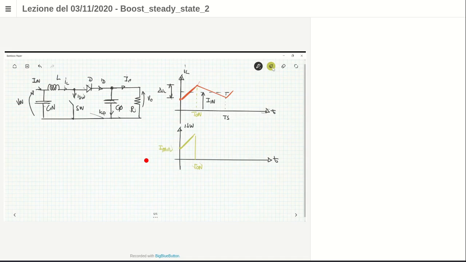The current ranges from I minimum, already defined, up to I maximum. Then it is 0 up to this point, in which again it ramps up. This is TS. In between I minimum and I maximum, we have I in, which is the value of the input current in the inductor current.